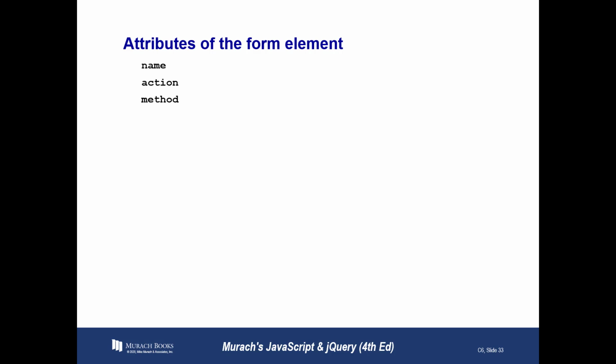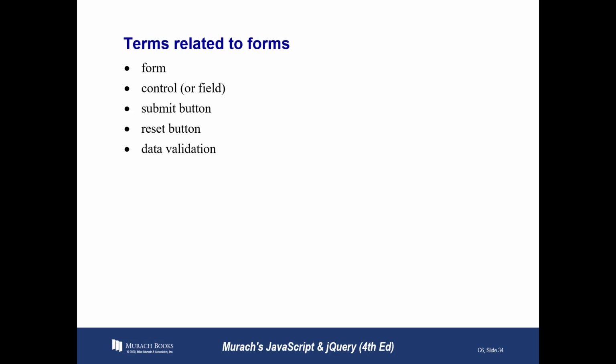Typically, not always, but typically, get is when you want to show something but not change it. Post is when you want to change something, typically. I guess that's about enough for now. So these are the terms that are related to forms.